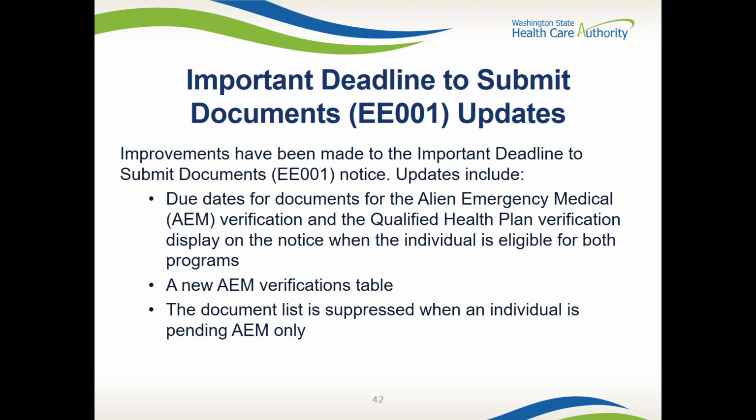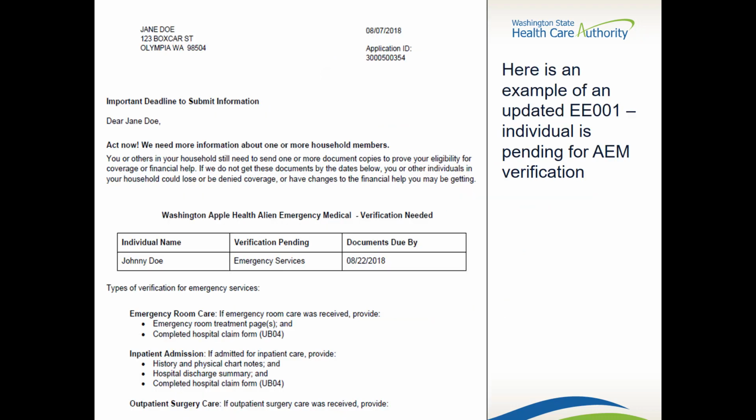A new AEM verifications table is included. The document list is suppressed when an individual is pending for AEM only. Here is an example of the pending for AEM verification notice. As you can see, the individual who needs to provide AEM verification is now listed in a table.